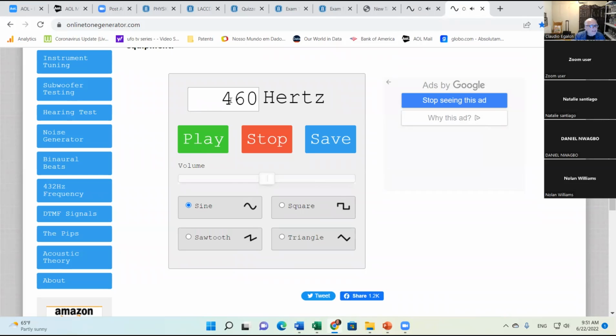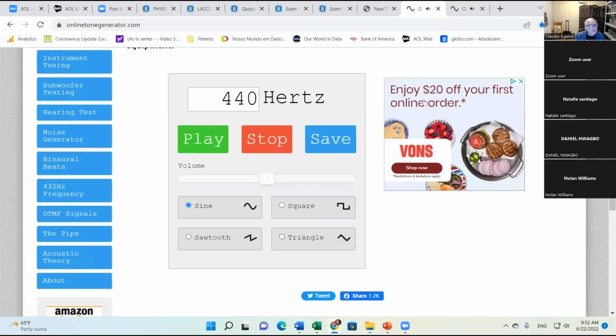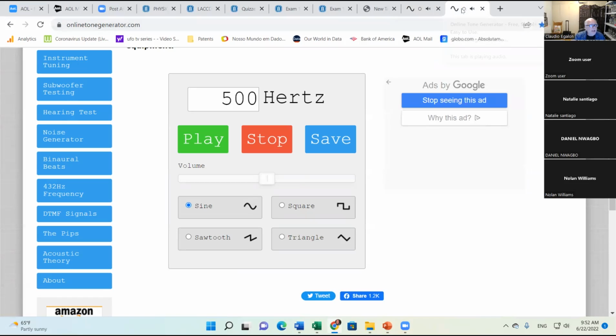And if I exaggerate, if I go to 500, here you go. Now we're talking about 60 beats per second. It comes to a point that the ear cannot perceive the beat anymore because it's so fast.